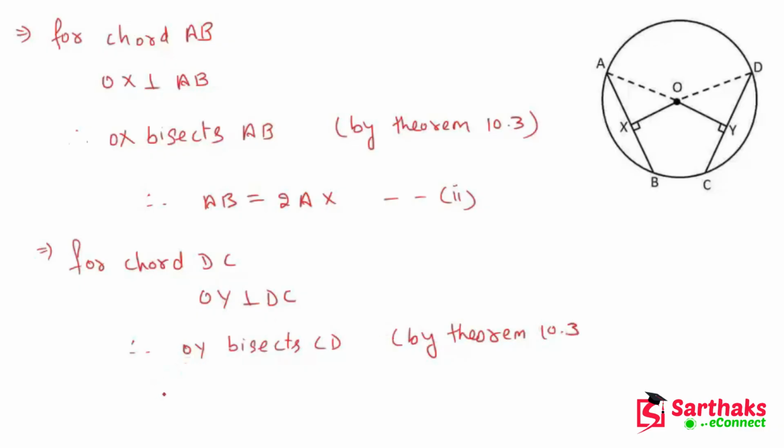So CD is equal to twice of DY. Let's suppose this is equation number 3. So we have AB is equal to twice of AX and CD is equal to twice of DY.